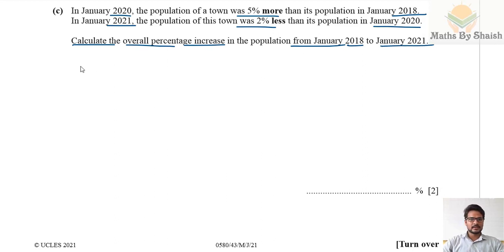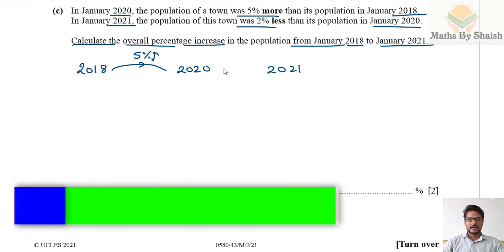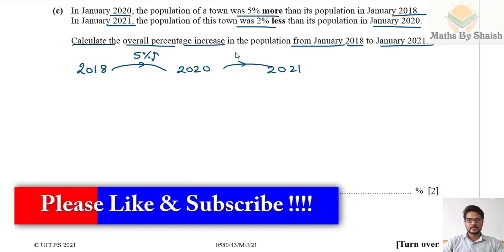So we will see in this way, from 2018 to 2020, this is given, and then 2020 to 2021. Since it is the increase of 5% here, and the decrease of 2% here.